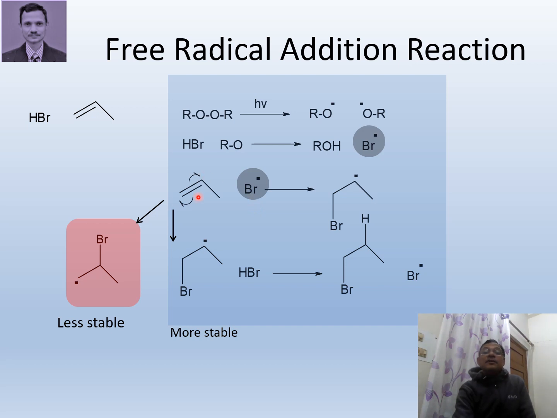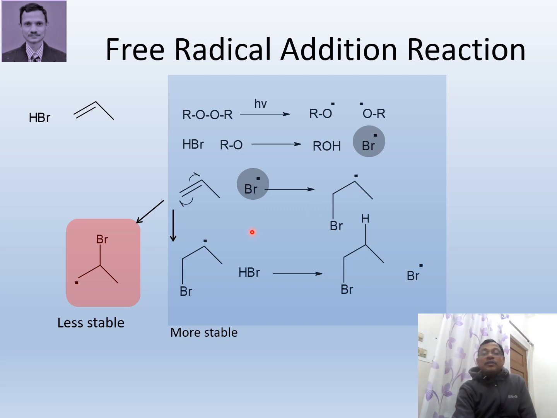It adds to the olefin, and we have two types of radical generated. One is at the branch position, and the other radical is at the terminal carbon. So the terminal carbon radical is less stable and the branch carbon radical is more stable because of hyperconjugation effect.